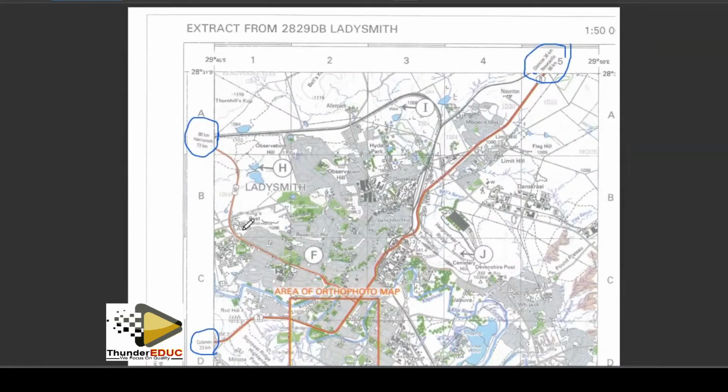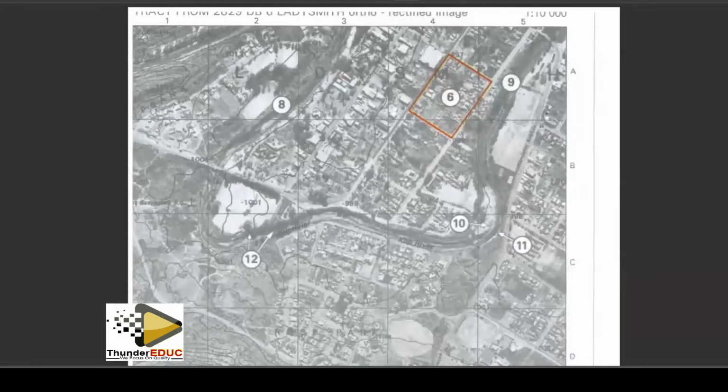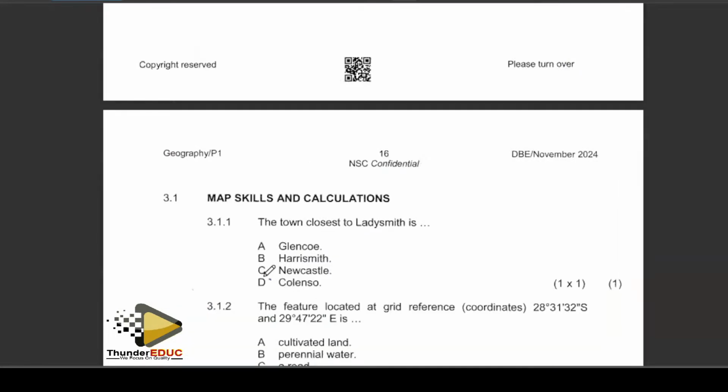So automatically the correct response is this one. If you check the responses, your right answer is Colenso, which is response number D. According to the topographic map, your answer is item number D, which is Colenso. Right, we move on to the next question.